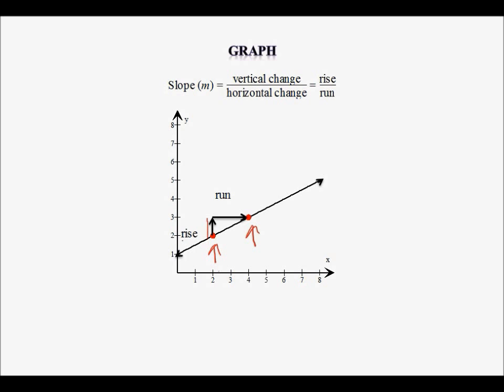That would be considered my rise. Over how many units do I move over to get to that next point? When I'm moving over, that would be considered my run. So once again, the slope from one point to the next point is your rise over run.